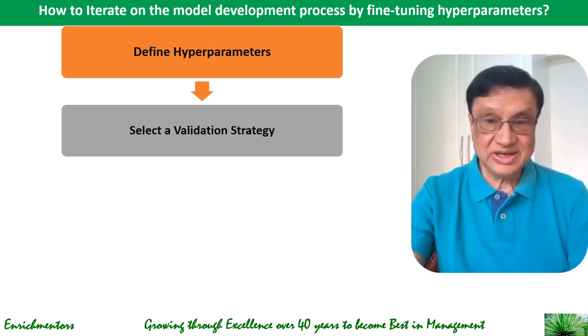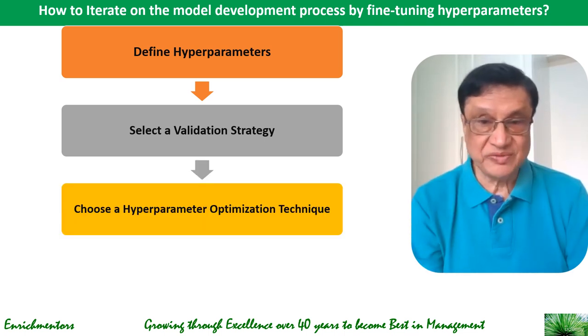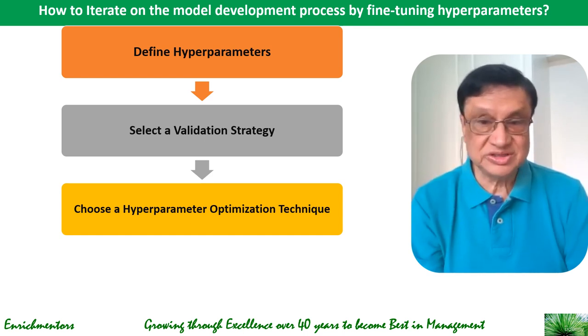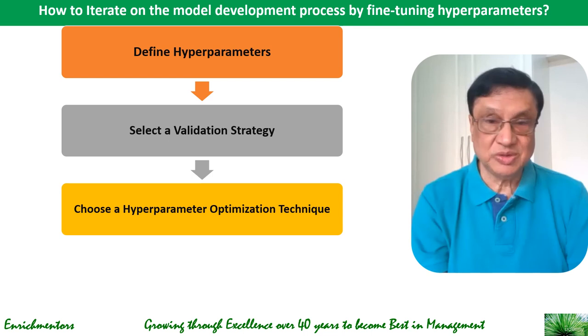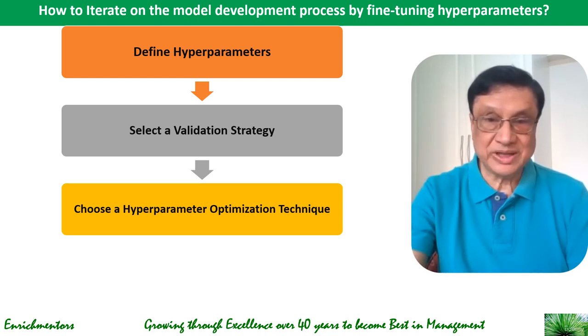Then you select a hyperparameter optimization technique to search the hyperparameter space effectively. There are various options to search: grid search, random search, Bayesian optimization, genetic algorithms, and many more. The first four we have already talked to you about in the earlier lecture. So that's how you choose a hyperparameter optimization technique.